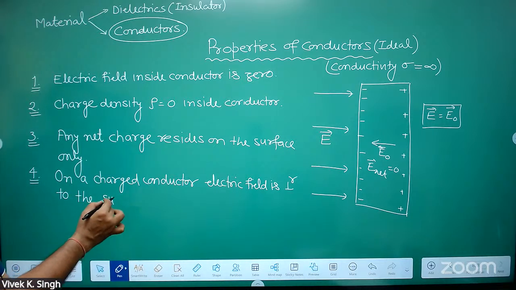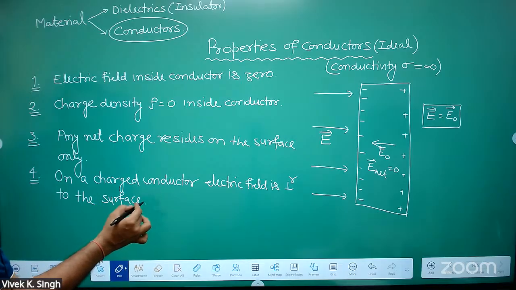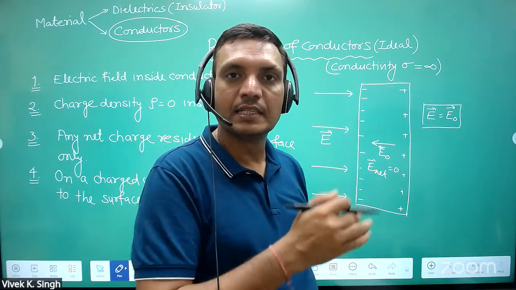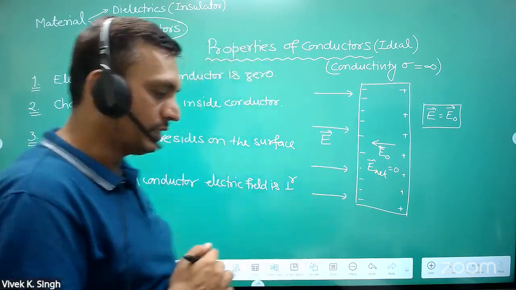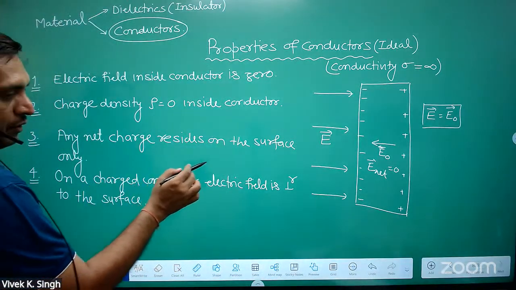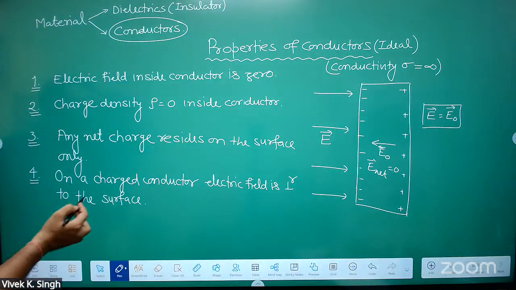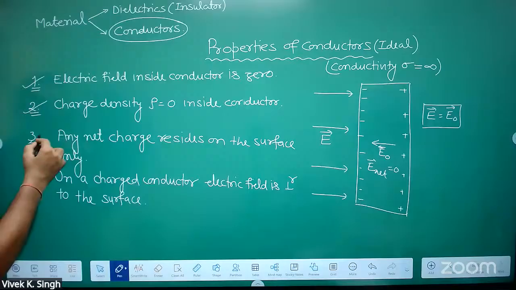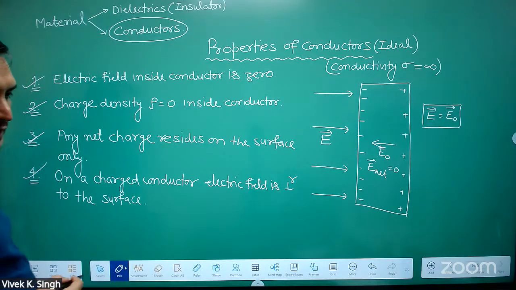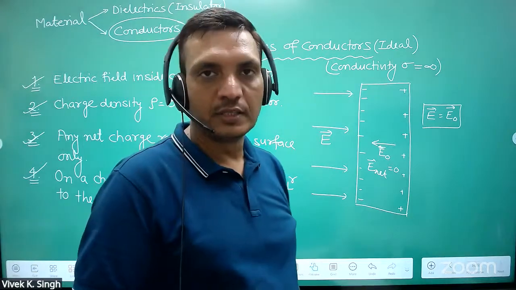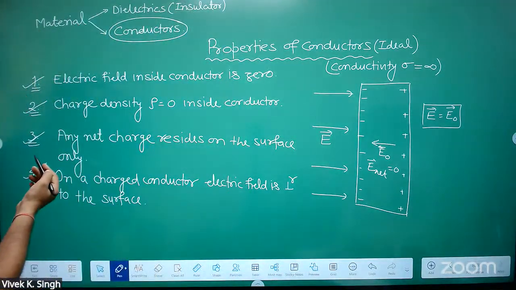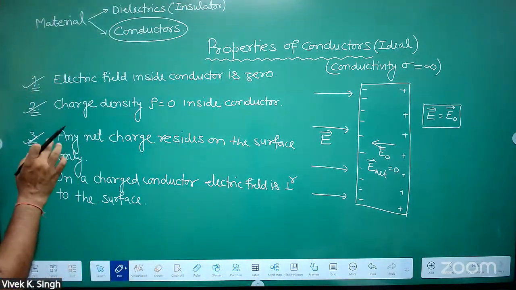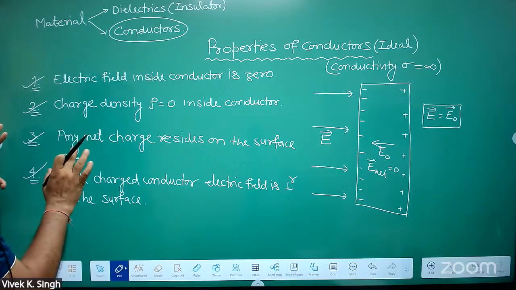If the surface charge is positive, it will be in the outward direction. If the surface charge is negative, it will be in the inward direction. So these are the 4 properties. We will also talk about potential in the next chapter; you will see potential also remains constant. But since till now we have talked about only electric field and Gauss law, I am giving you these properties. So you must remember these properties of conductors.